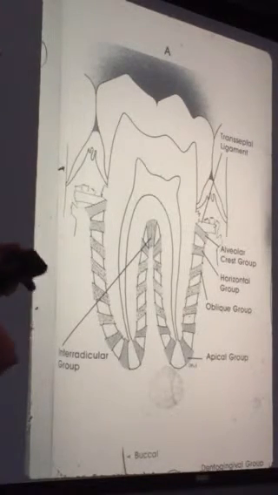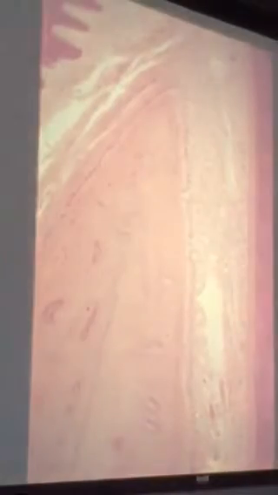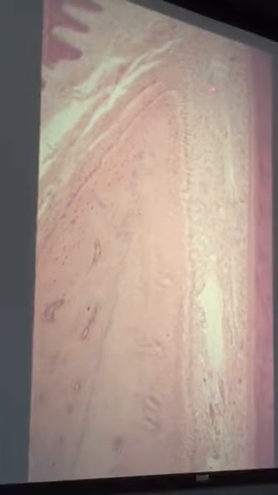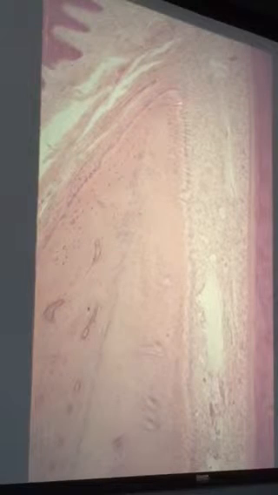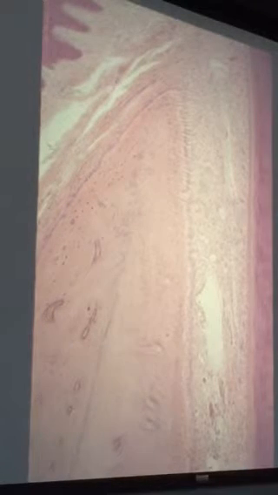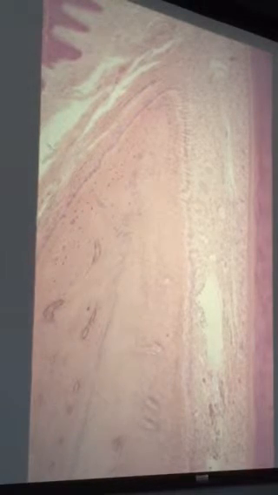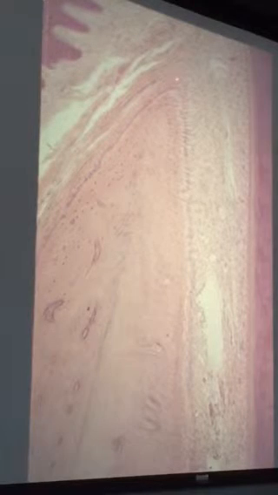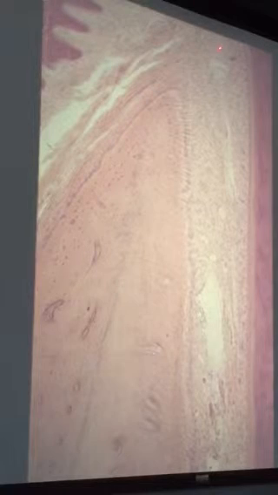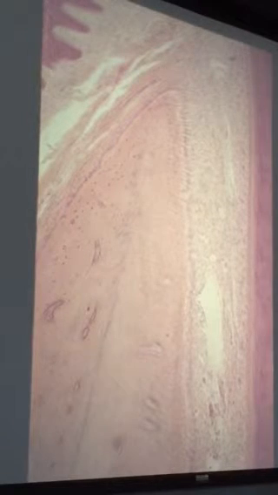Very difficult to see. The other ones certainly can be found. Okay, so right up here we have what? Alveolar crest, and in here we have horizontal fibers, and right there we saw that one before. There's what? Dentogingival fibers. Is that part of the PDL? No. That's gingival.